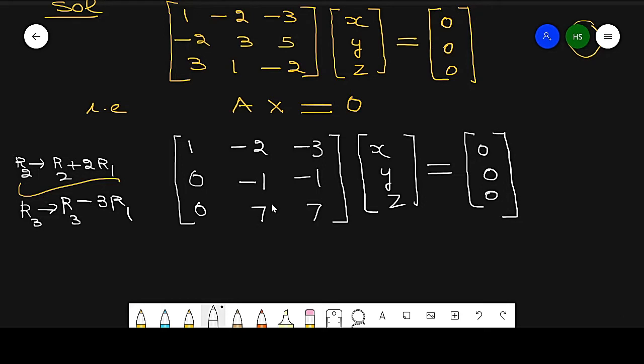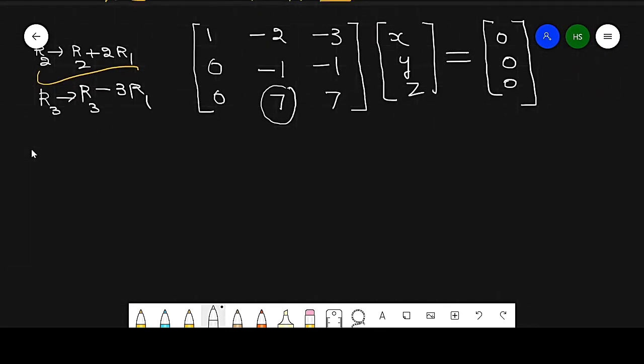Now the second step: reduce this term to 0. To do this, we apply the row operation R3 equal to R3 plus 7R2.